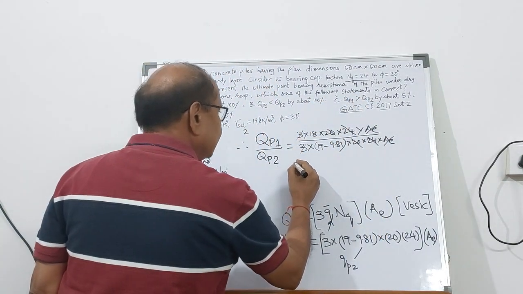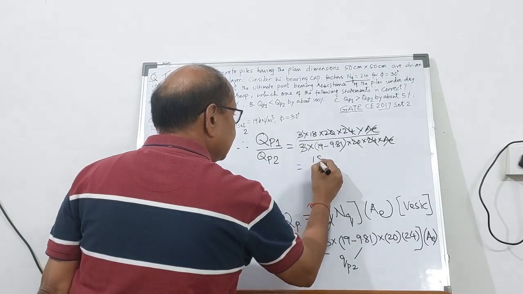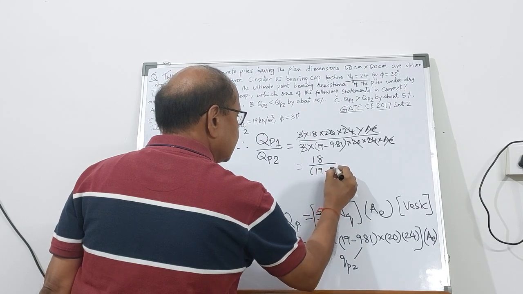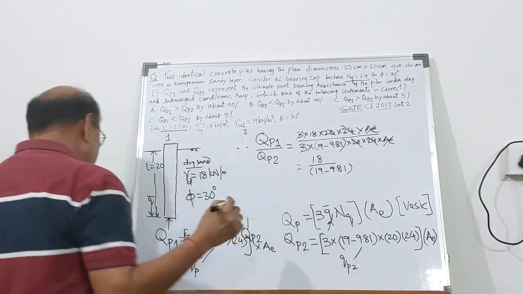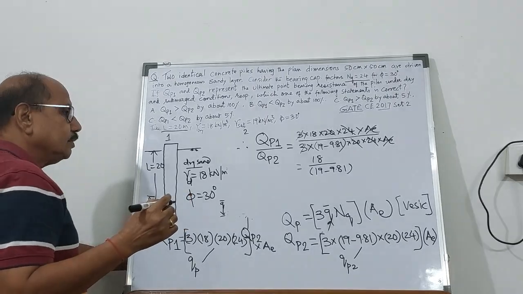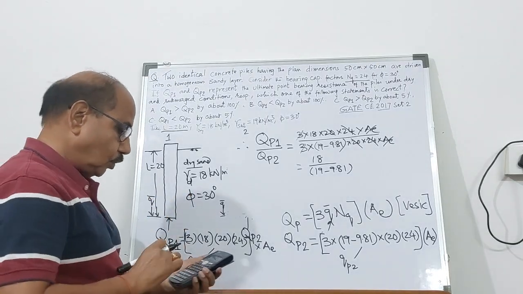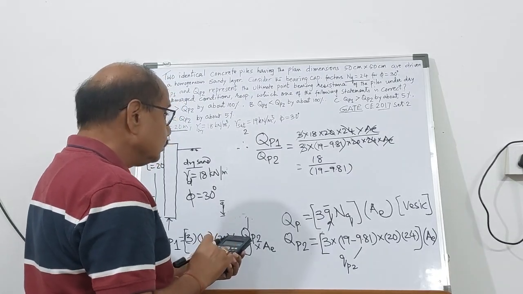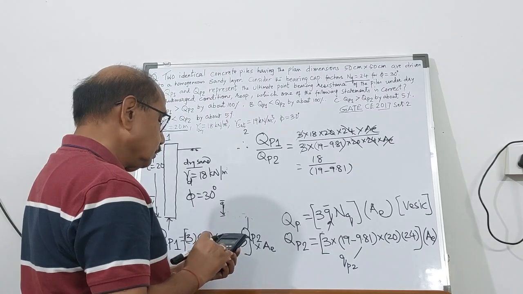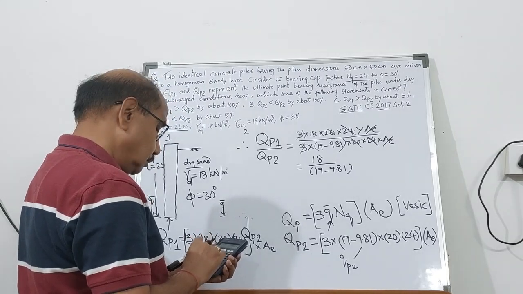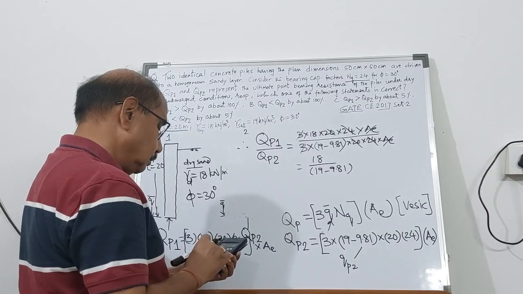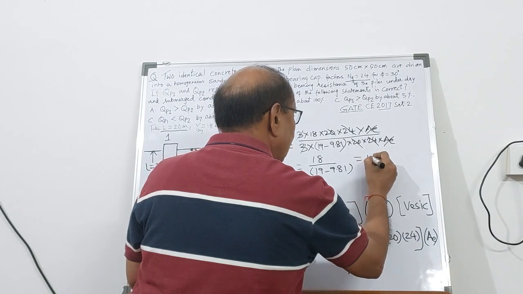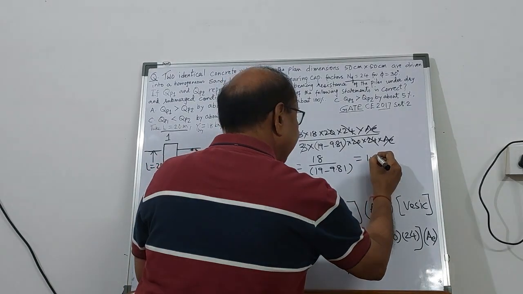So finally what remains to be calculated is 18 divided by 19 minus 9.81. So if you calculate it, you get 1.958.